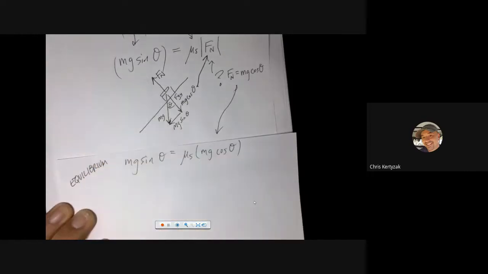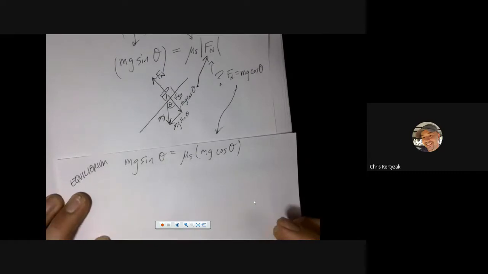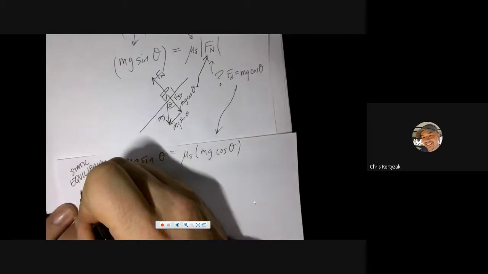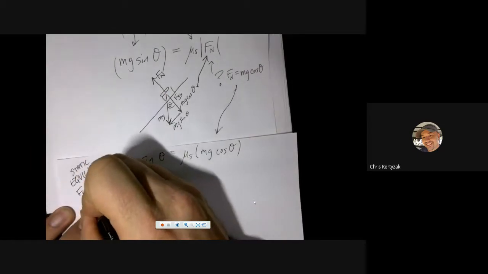This is called equilibrium. And since it's not moving, we call it static equilibrium. Remembering that static equilibrium means that there's a balance of forces, that there's no net force.